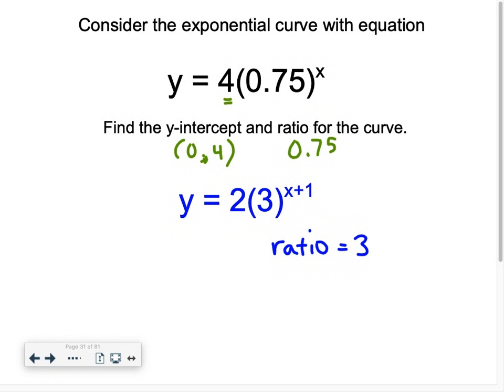Okay, the y-intercept is not 2 on this one. So this is where you need to be careful. If you have shifting, you quite literally need to plug 0 in for x. So if I plug 0 in for x, then I get 2 times 3 to the 1st. And 3 to the 1st is 3, and 2 times 3 is 6. So just making sure you can always use your knowledge of y-intercept. Just plug 0 in for x.